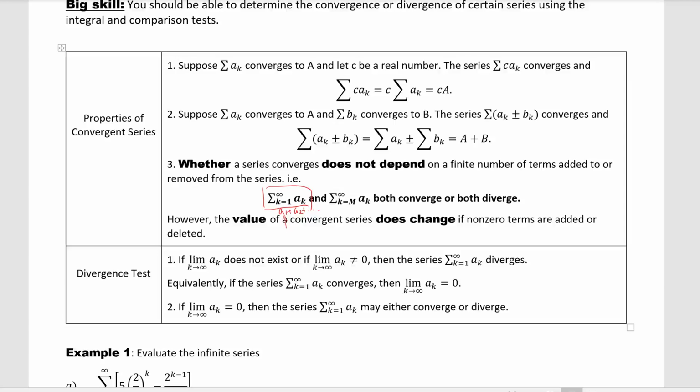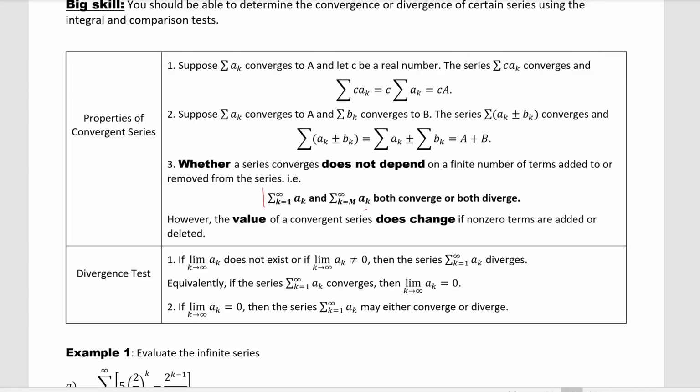And the second series, we start with the mth term. So actually those two series both converge or both diverge. Actually what makes it diverge is about the tail, what happens when k goes to infinity.